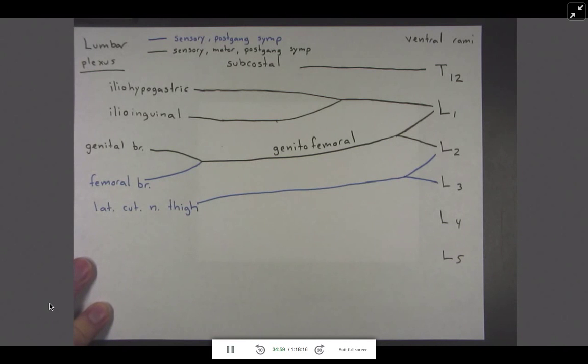That's the more Latin way to say it, so that could be acceptable, or lateral cutaneous nerve of the thigh. That works just the same. So we're actually done with the sensory-only nerves here. Everything else back to black. Mixed sensory motor with the postganglionic sympathetic.